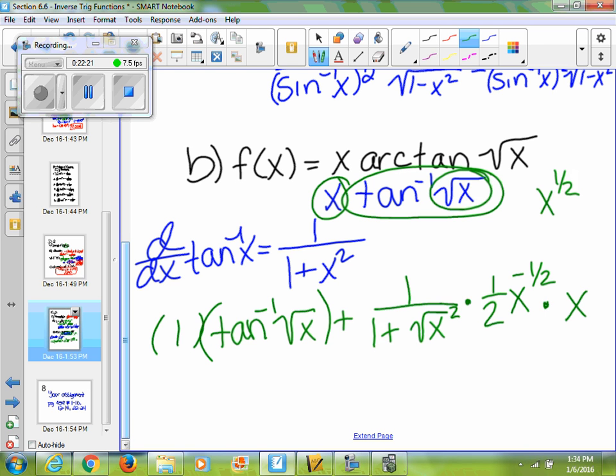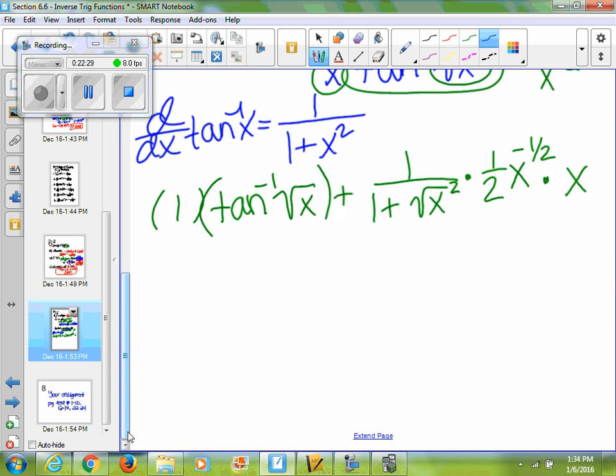Okay, so the first part, really simple, second part, really messy, right? Because the derivative of x is just 1, so that was easy. So 1 times inverse tangent of the square root of x is just inverse tangent of the square root of x. For the second part, we need to start simplifying. So the square root of x squared cancels.